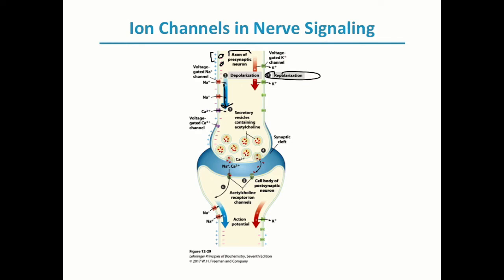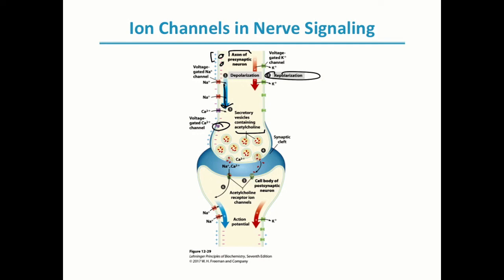When the wave of depolarization reaches the axon tip, voltage-gated calcium channels open, allowing the entry of calcium ions. Due to the resulting increase in internal calcium ion concentration, this triggers an exocytotic release of the neurotransmitter acetylcholine. So at this point, it's going to leave the cell.